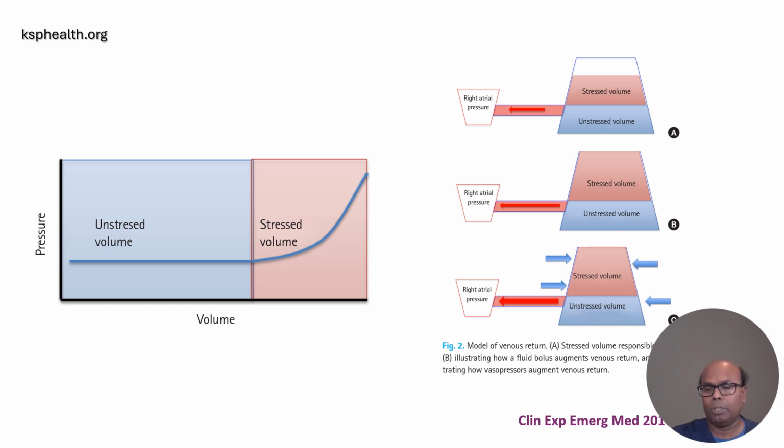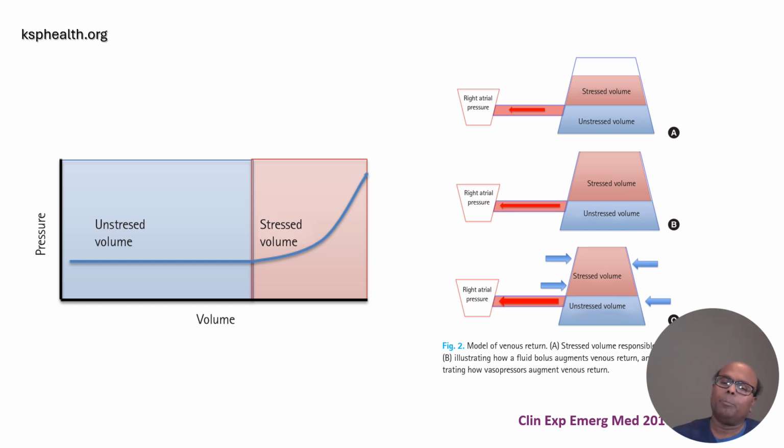Let's look at how the stressed and unstressed volume in the veins affect this. The vast majority of the blood in the venous system is unstressed volume. That is the lower half of the bottom that gives some blood flow to the right atrium, but the stressed volume is the one that improves venous return to the right atrium, or preload.